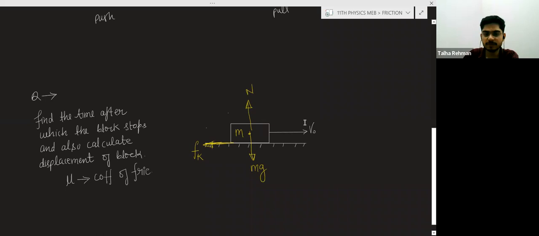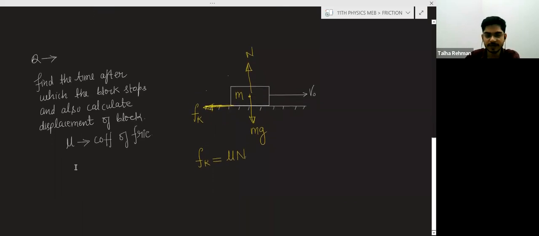So this block is moving, and we can calculate this kinetic friction force. Kinetic friction force is given by mu into normal reaction. Here only one mu is given, so we will consider this mu as the coefficient of kinetic friction. So Fk is equal to mu into mg.